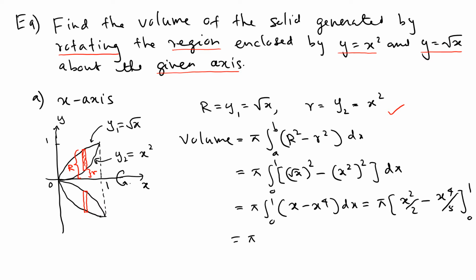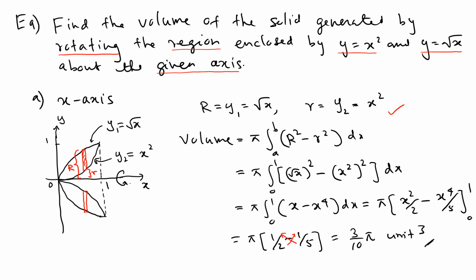So if you evaluate at 1 and 0, you're going to get 1/2 minus 1/5. A common denominator is 10. 5 goes there, 2 goes there, and then subtract. So that means you're going to get 3 on the top and 10 on the bottom. So it is 3/10 pi units cubed, because this is a volume.